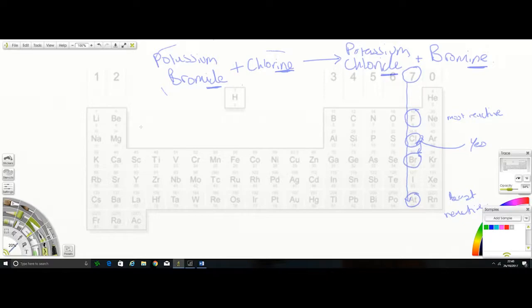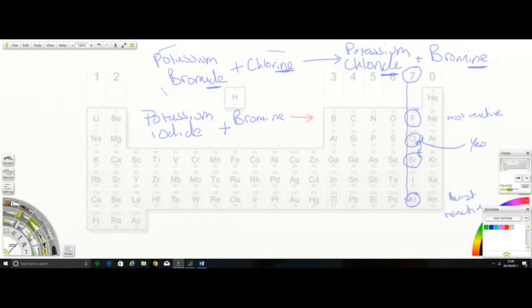So let's do another one. For example, let's go with potassium iodide. Remember, it's IDE because it's a halide, and let's say we're going to react that with bromine. Bromine is on its own, therefore it ends in INE, and the question we're asking ourselves is, will there be a reaction?